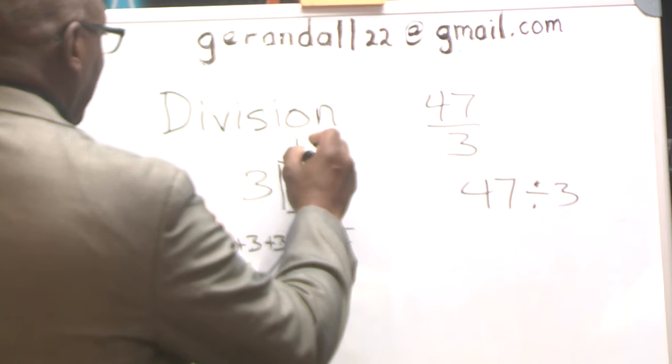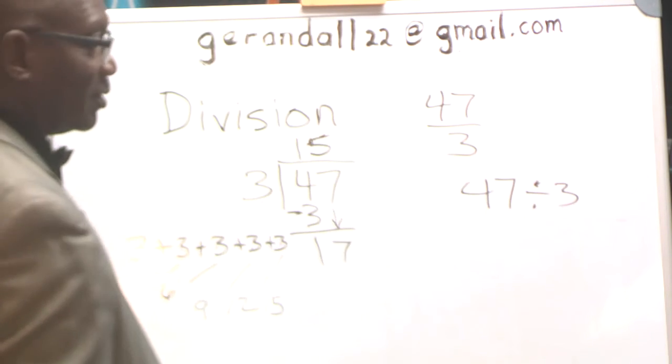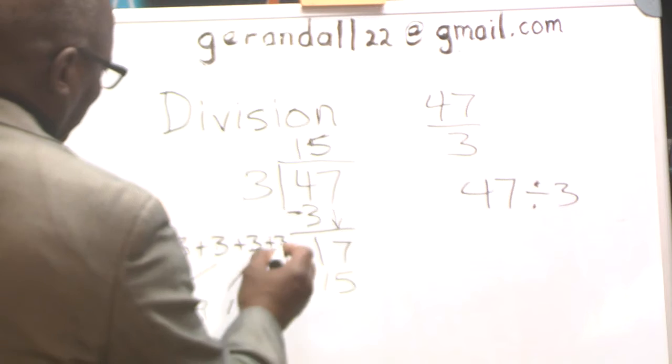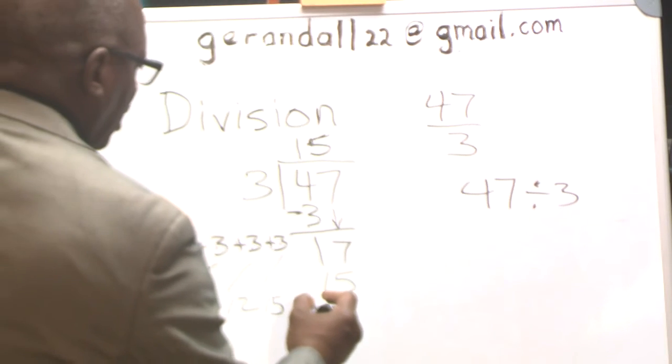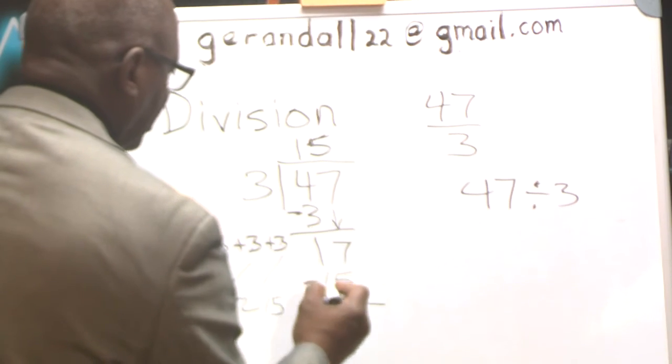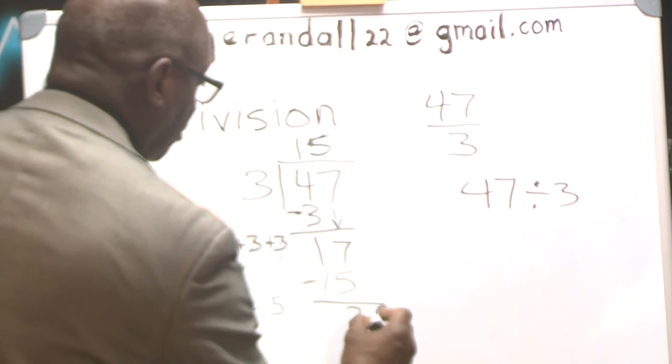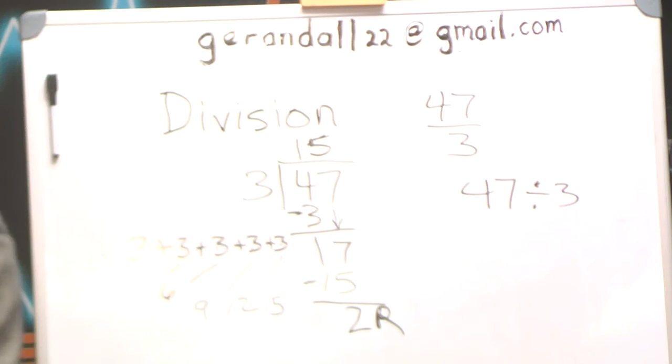But if we know our basic multiplication facts, we should have come up with 15 without all of this. And then we subtract, and we have what's called a remainder, and we put an R of 2.